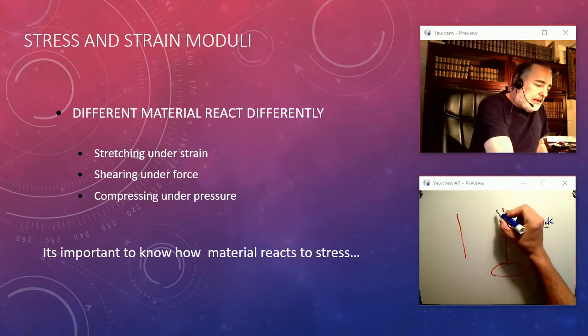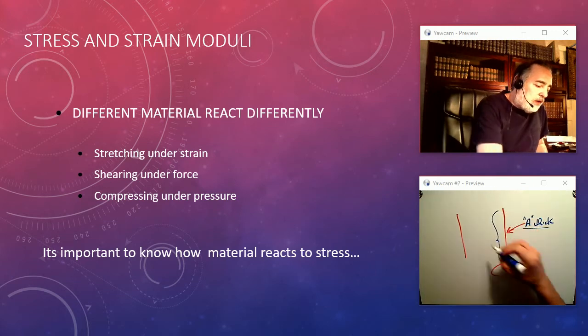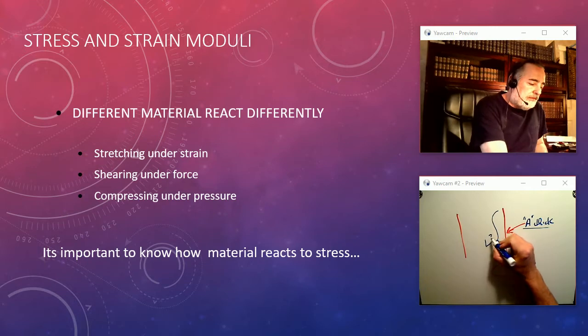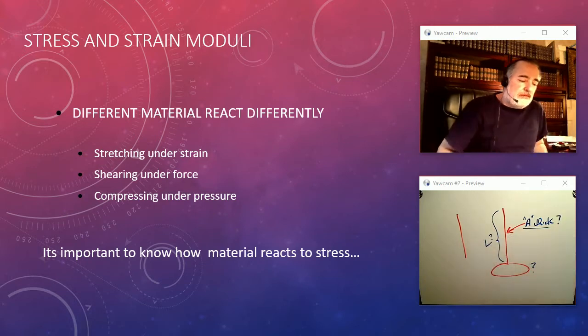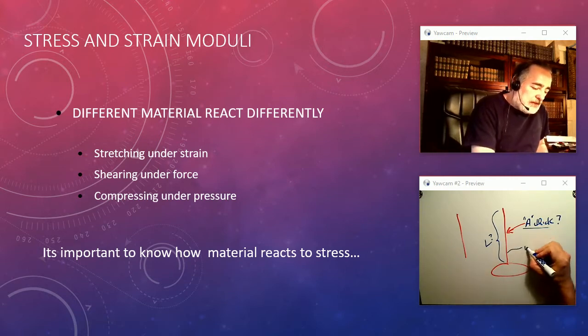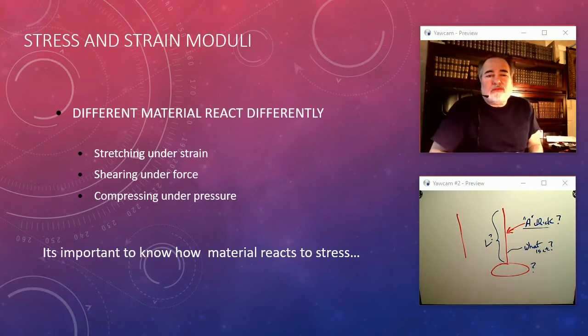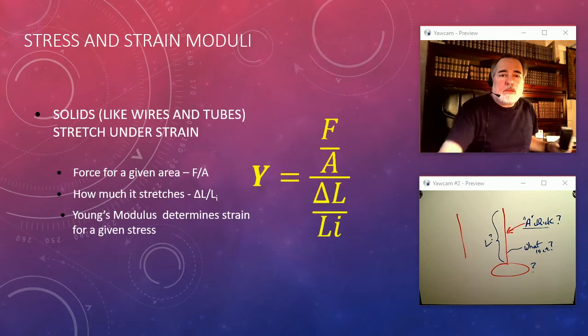The length, how long this is, matters, right? So the thickness and what it is matters, right? So it's important to know how a material reacts under stress and strain.